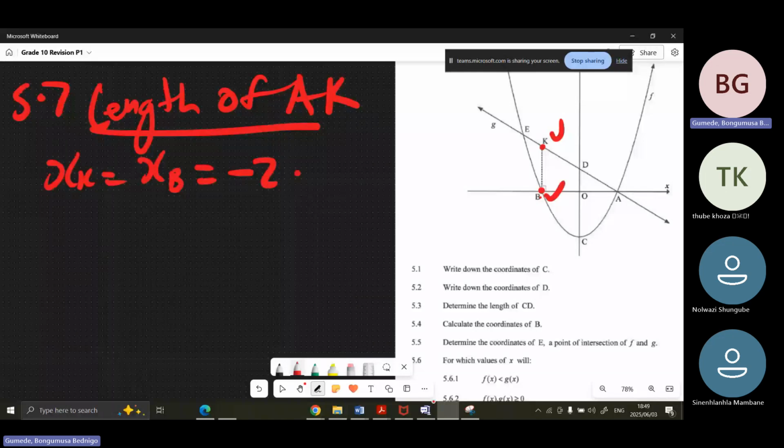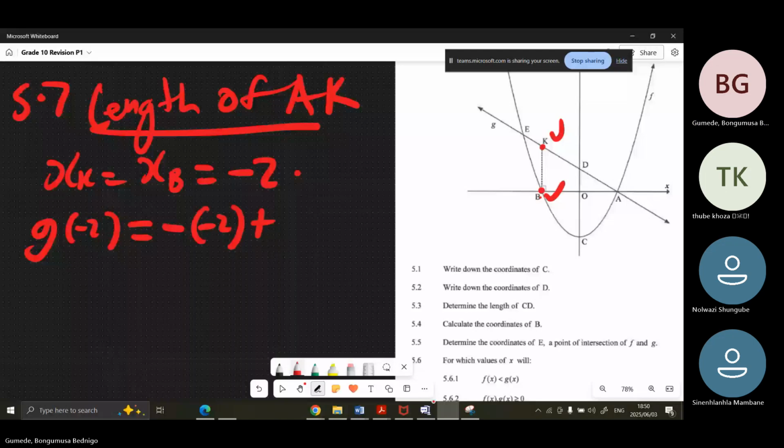But K belongs on G. We are going to say G of -2 is going to be minus into -2 plus 2. And what do we get? Negative times negative is positive.